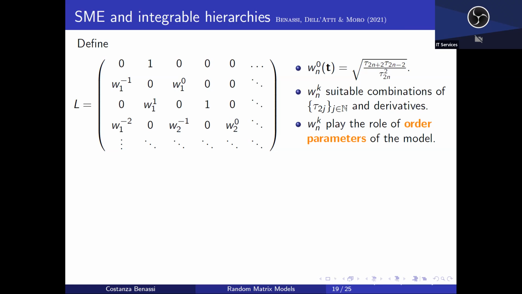And this W, again, can be defined as suitable combination of taus and their derivatives. And this WK, we're going to have infinitely many fields, because you can show that this K can take any value, negative and positive integer. These infinite fields play the role of that B played before, but before we had just one, and now we have infinitely many.